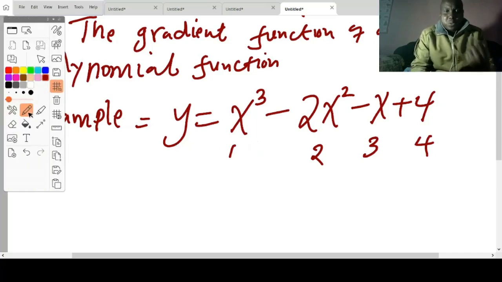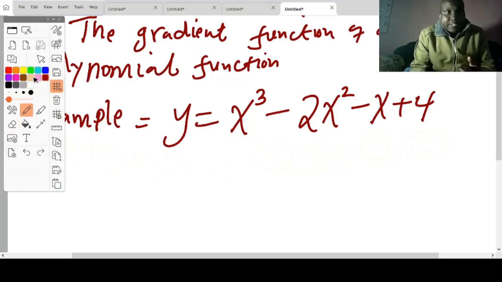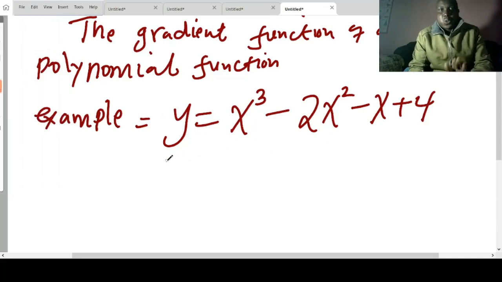Very simple. If you have understood what we have done, it is going to be much simpler than you thought, much simpler than you expected. Let me use red or blue to differentiate.